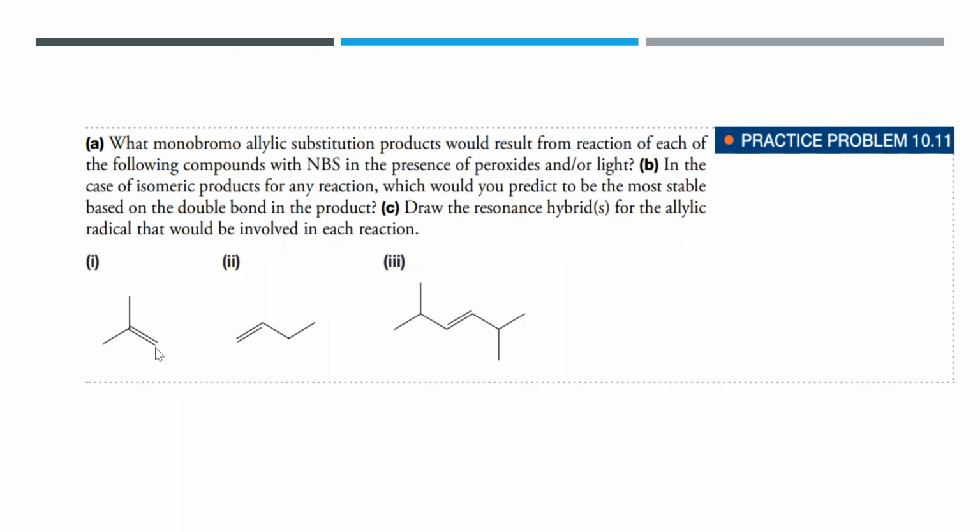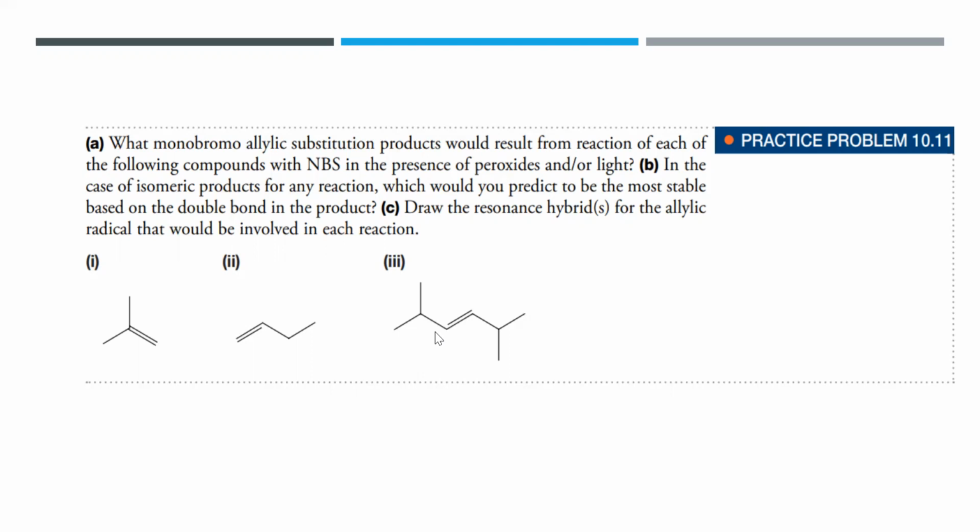Or you have a radical here, an allylic radical, but this one is equivalent. You can do electron delocalization and form resonance structures in such a way that the double bond shifts, and by electron delocalization or resonance structures, you can form your halogen bonds here.